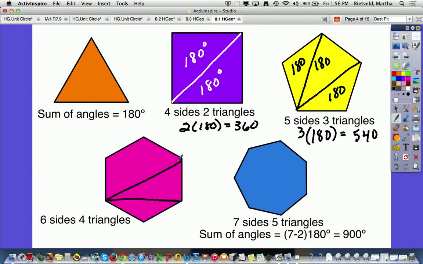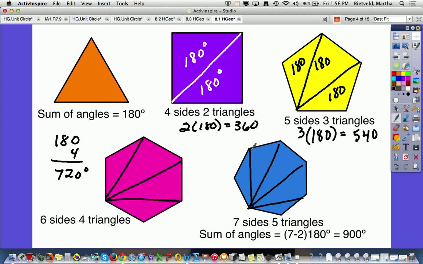Hopefully you're starting to see a pattern here. You take 180 times 4, and you get 720 degrees. In a 7-sided figure, you can create 5 triangles, each at 180 degrees. Leaves you with a sum of 900 degrees.